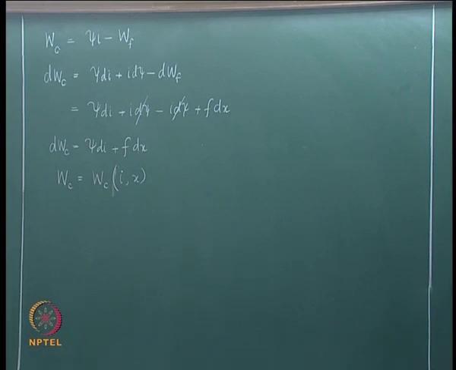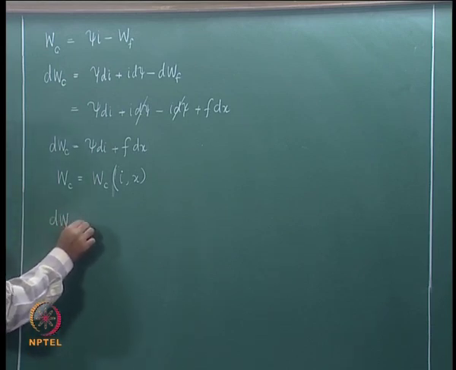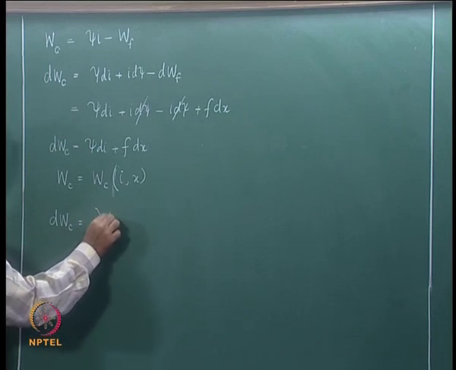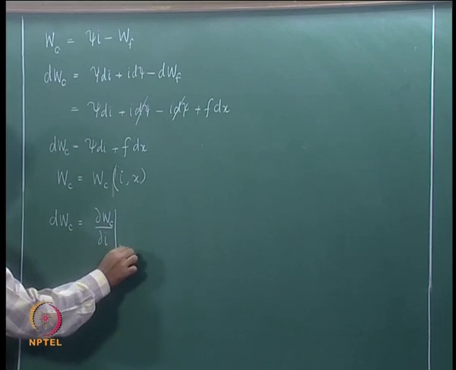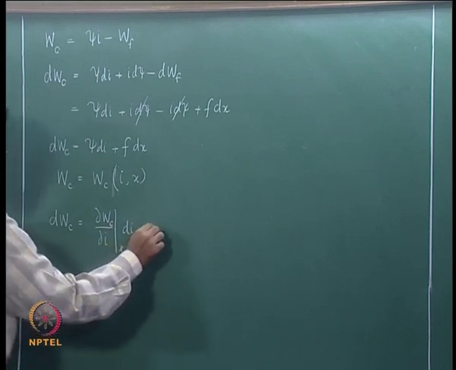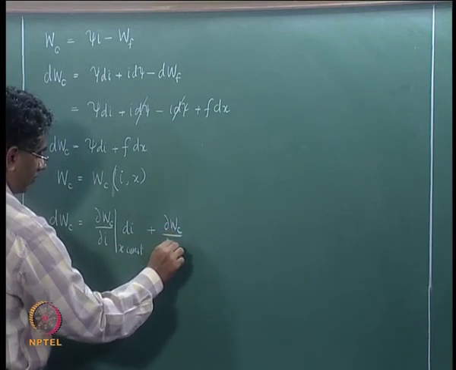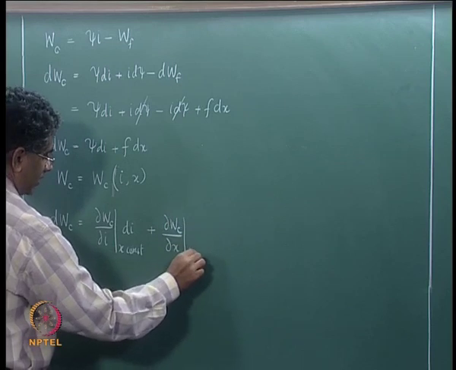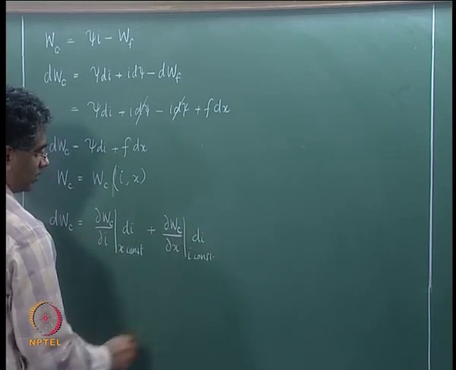Since it is a function of two variables I and x, a change in this function can be written as dou Wc by dou I, keeping x constant, multiplied by di, plus dou Wc by dou x, keeping I constant, multiplied by dx.